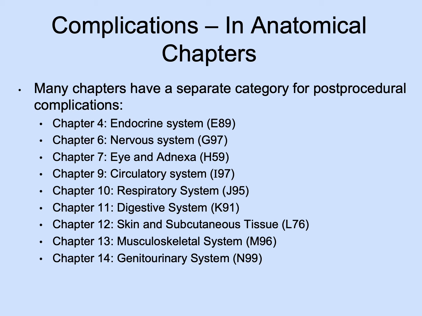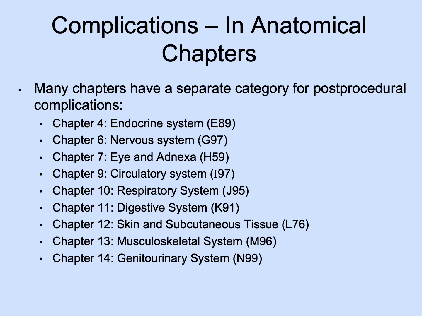For example, I97.52, accidental puncture or laceration of a circulatory system or structure during other procedure, meaning outside a circulatory system. For example, a procedure could be performed on a lung, which is the respiratory system, and the heart could be accidentally punctured, which is a totally different body system. So, performed in the respiratory system, but the complication is in another body system.